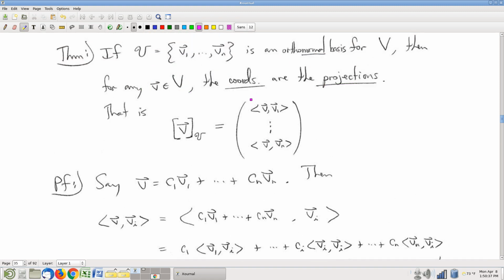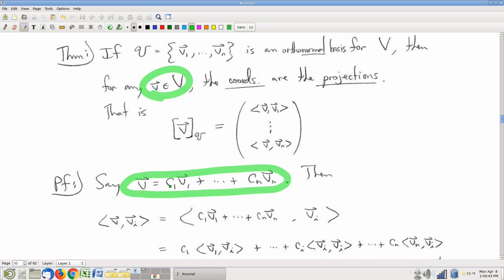I'm going to start off by, again, we have this vector v. And let's suppose I know its coordinates. Let's suppose I know how to write it as a linear combination then of the basis vectors. That's what it means to have the coordinates. Keep in mind the coordinates then are these numbers, C1 through Cn. Okie dokie.